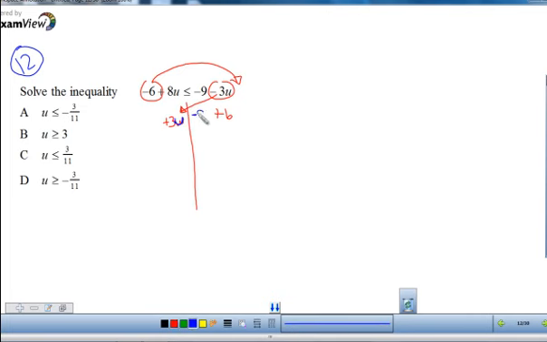So then I'm going to bring down the negative 9 and bring down the 8u. So 8u plus 3u is 11u. Negative 9 plus 6, different signs we subtract. Keep the sign of the larger number. And then we're going to divide by 11. So u is less than or equal to negative 3 over 11.